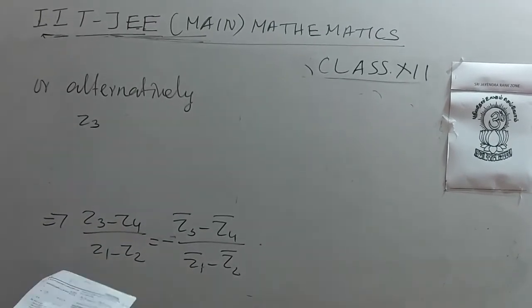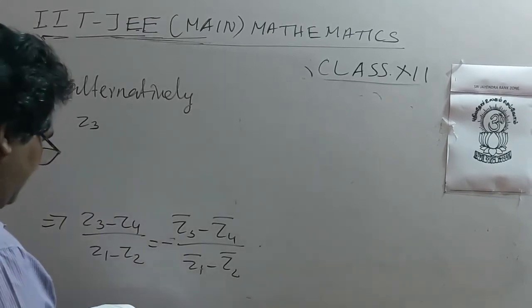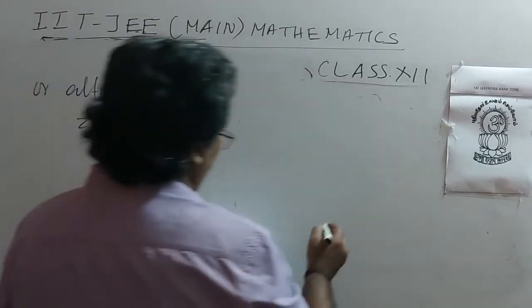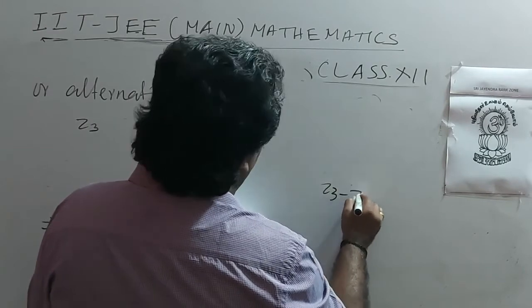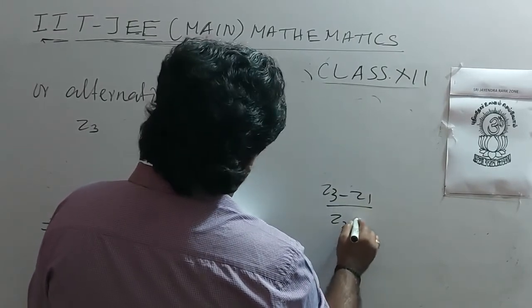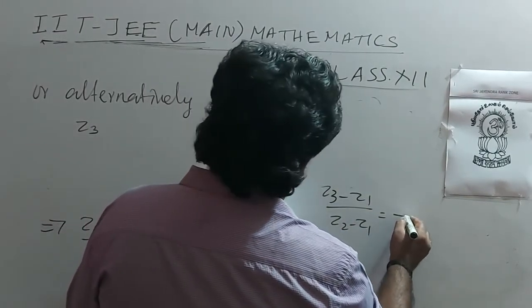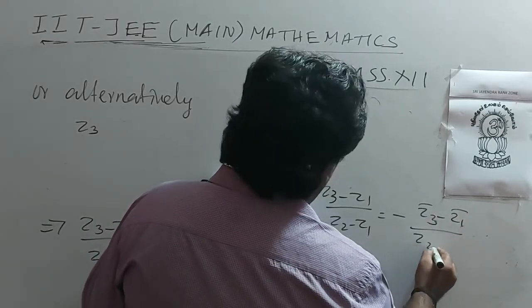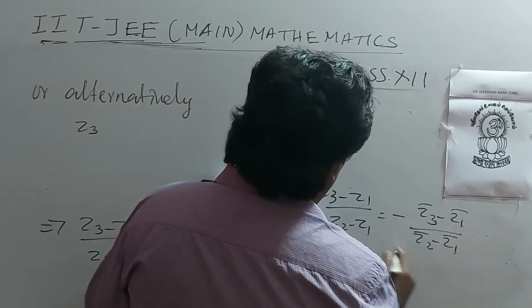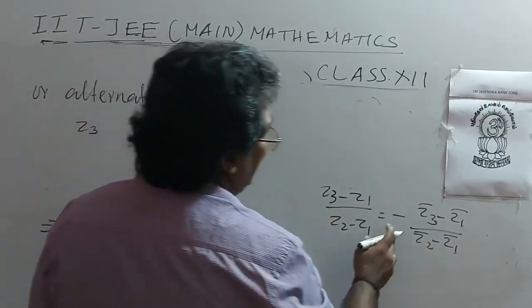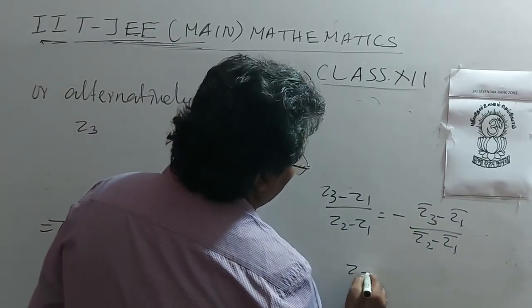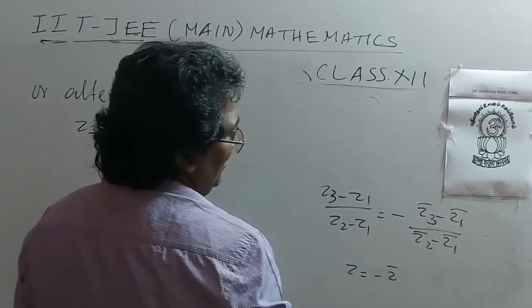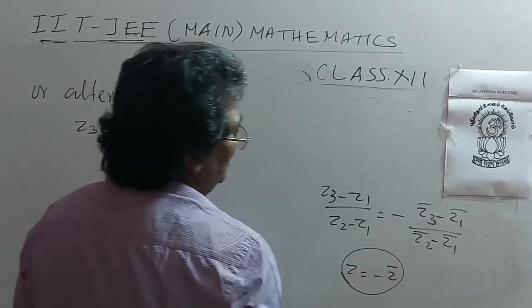The previous case also: Z3 minus Z1 divided by Z2 minus Z1 equal to minus of Z3 bar minus Z1 bar divided by Z2 bar minus Z1 bar. Make this correction. There should be a negative sign, since you have to apply Z equal to minus Z bar.